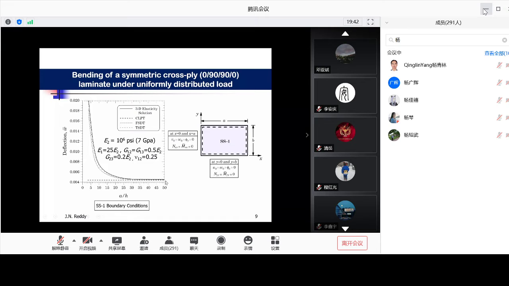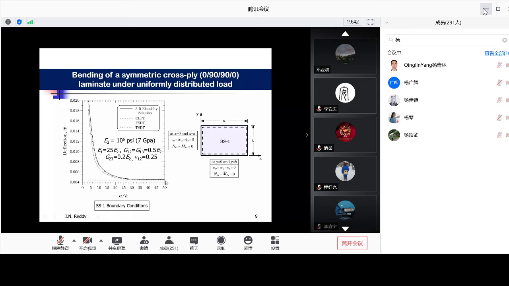Okay, so you might say, oh, first order theory is also doing very good. Of course it does. It is the most popular theory that we use, which is also in commercial codes. But when you want to not worry about shear correction factors, and also you want to predict the shear stress through the thickness accurately, the first order theory cannot do that because it only says it's a constant.